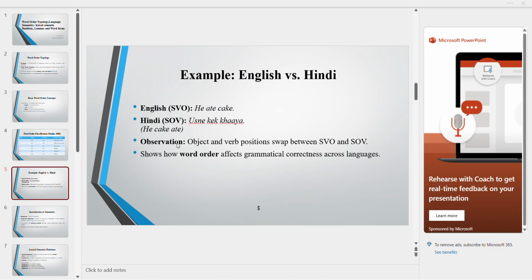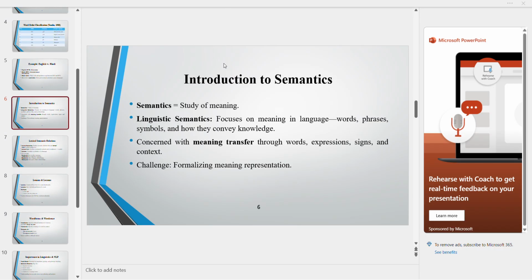We get an observation: object and verb position swap between subject verb object and subject object verb. It shows how word order affects grammatical correctness across languages. Even though the meaning is same, the word position can change. This shows why word order is important for grammatical correctness.